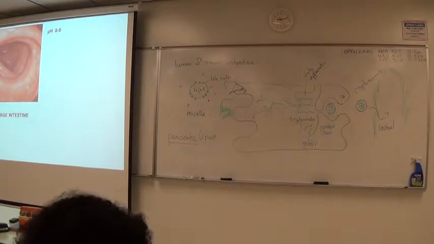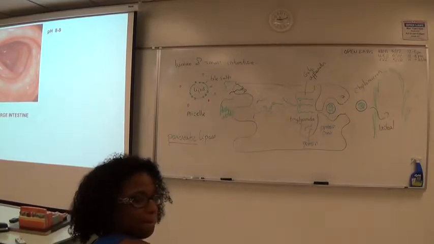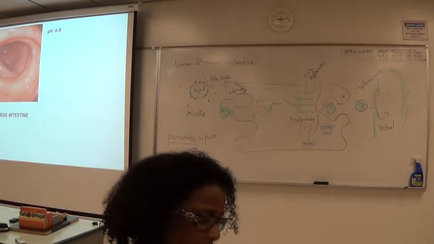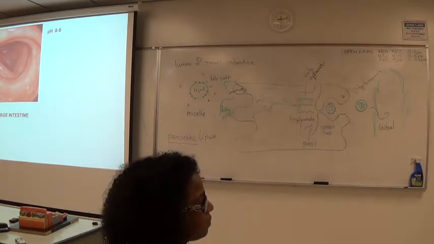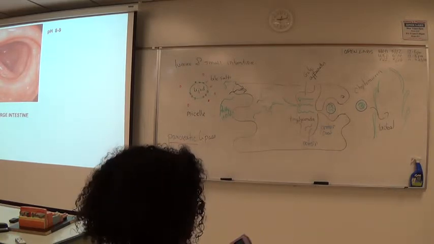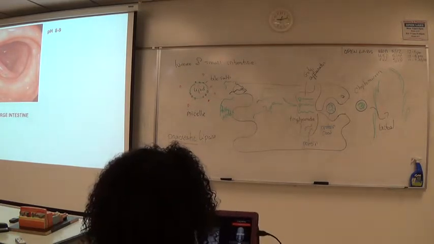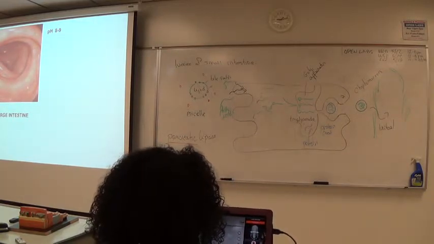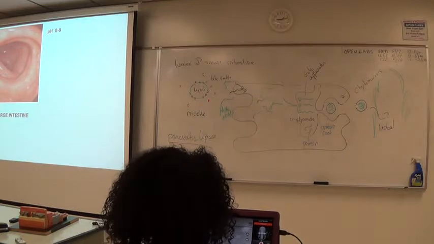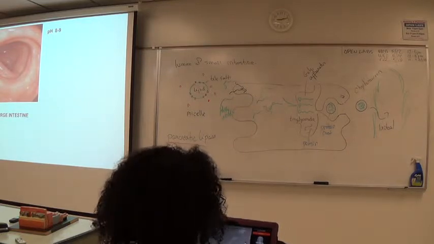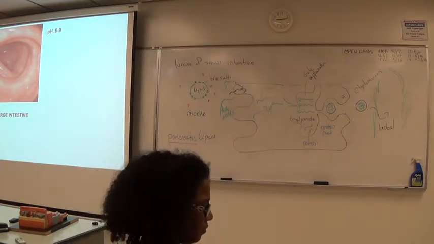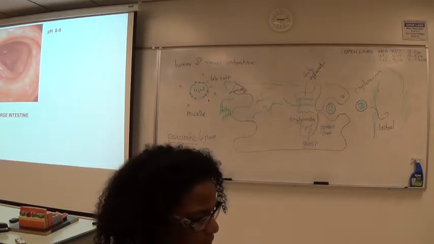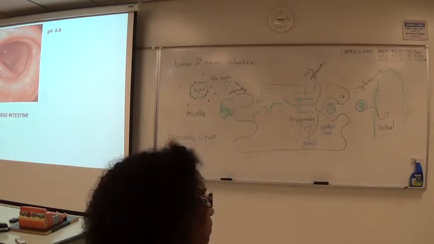Obviously the bacteria have their own digestive enzymes. And so as far as our own cells are concerned, the mechanism here is absorption of water. So we are absorbing water and any of the vitamin K, primarily synthesized by the E. coli that are present here. So we don't digest the plant fibers and so on.